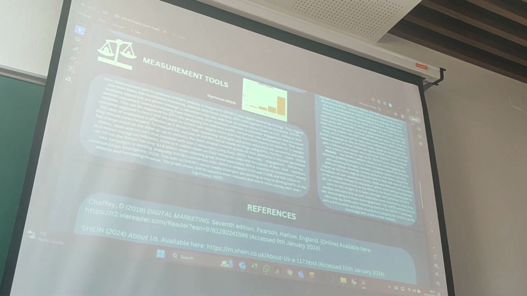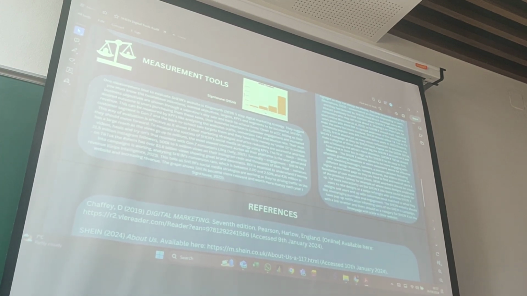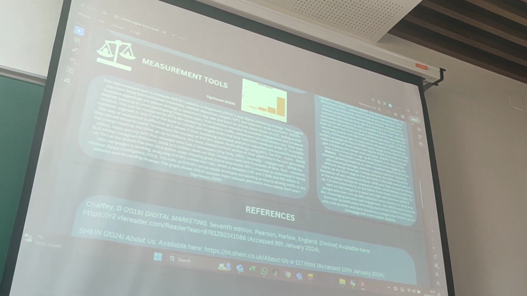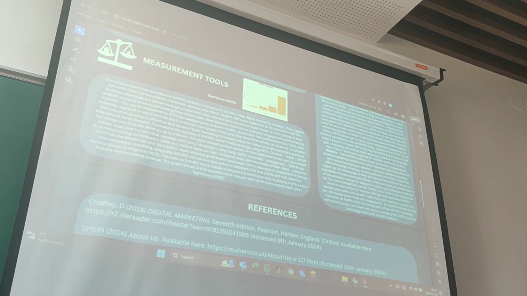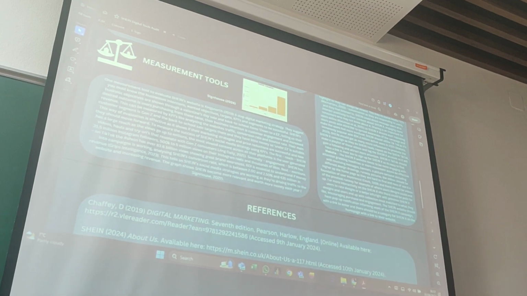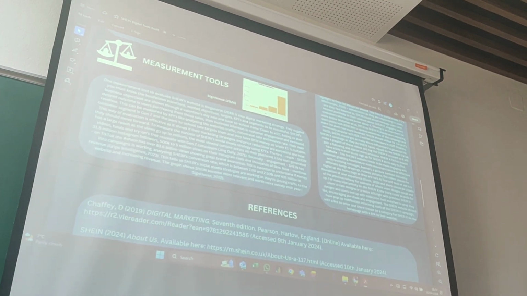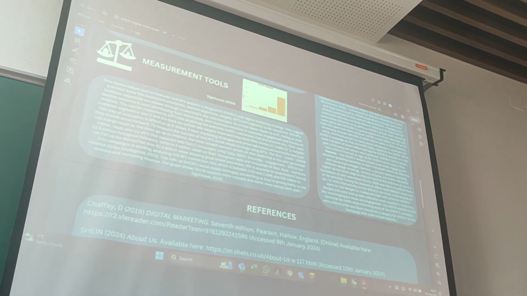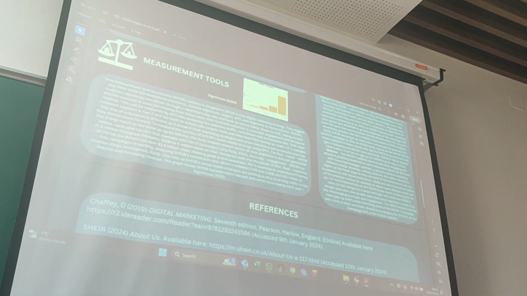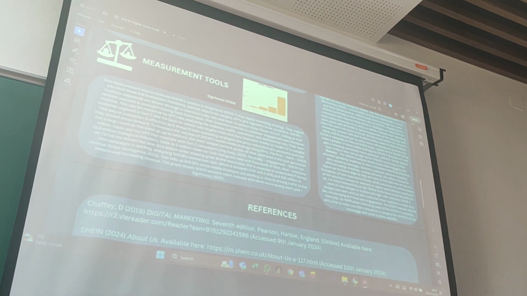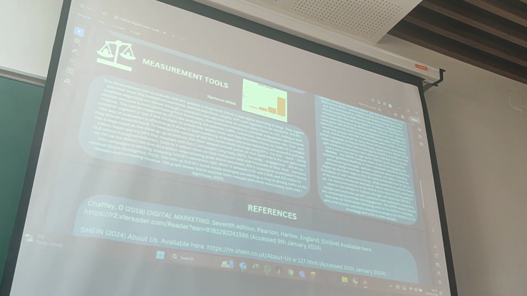So they talk about what the business objectives are, and then talk about measuring by KPIs, like analysing the website's traffic, conversion rate, and bounce rate. What you also need to do there is say where you would get these measurements from. But that's really important, because what they're saying is that in order to measure the success, you need to know the objectives first. So those are the sorts of things that you need to outline as well. You need to understand what the company's objectives are and justify those.